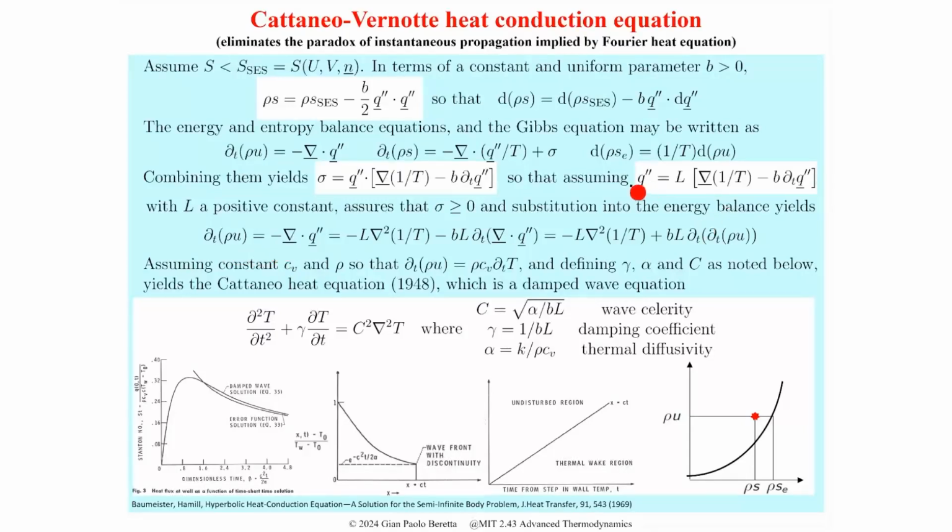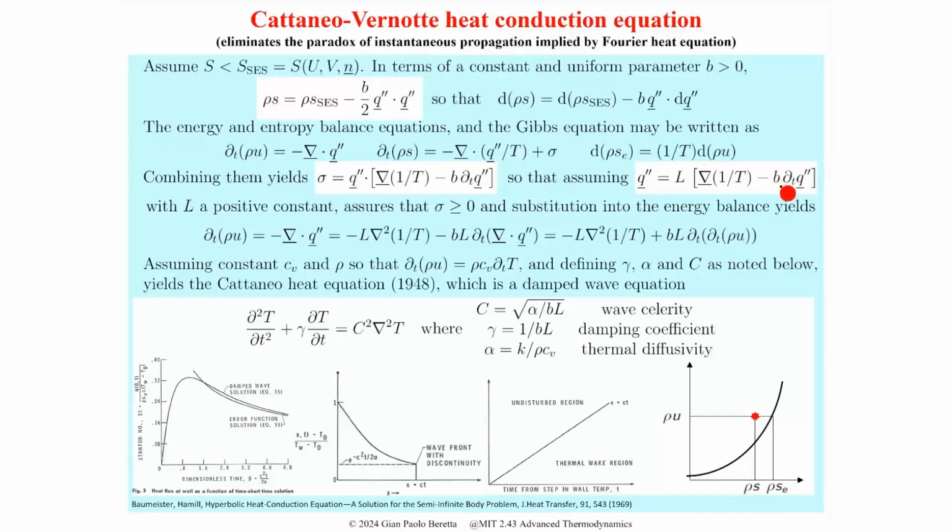So we have an expression for Q double prime. You can take the divergence of that, and that gives you this term, which is the typical Fourier. But also it takes the divergence of the partial derivative with respect to t of this contribution.